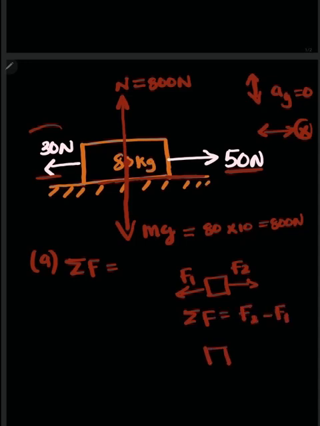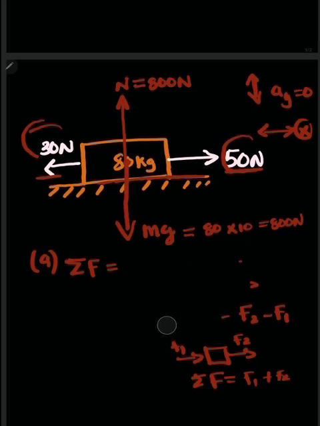But if we had a situation where the two forces are acting in the same direction, F1 and F2, then the net force is equal to F1 plus F2. But here, 50 newtons goes to the right, 30 newtons goes to the left. So we need to subtract.